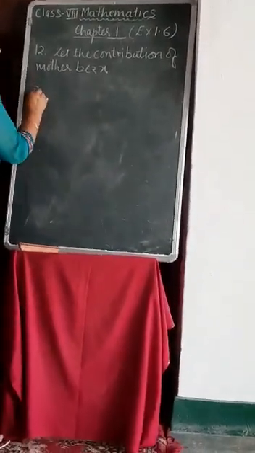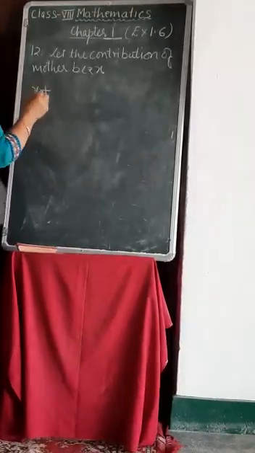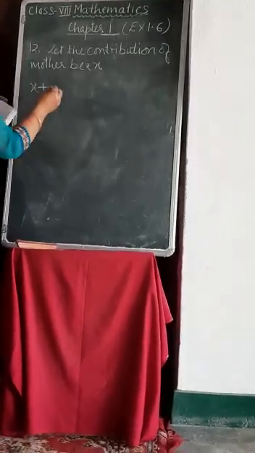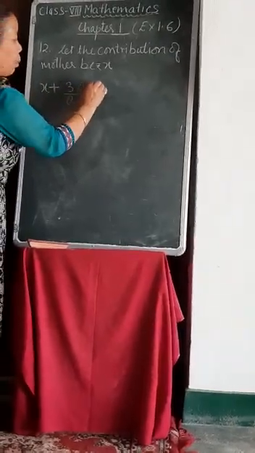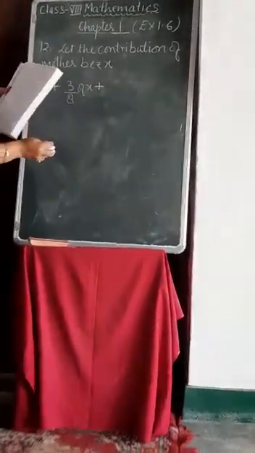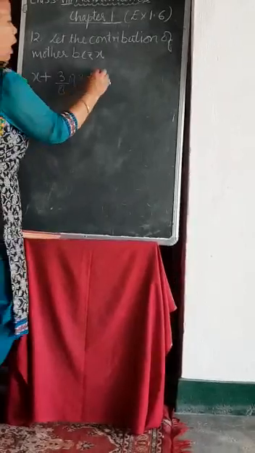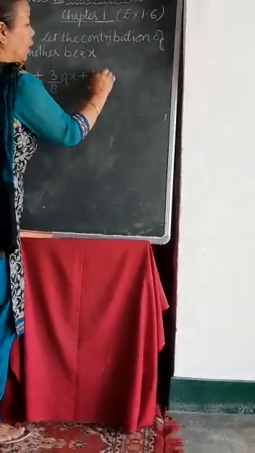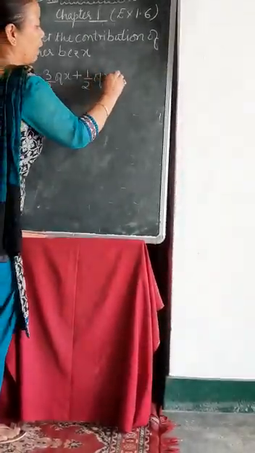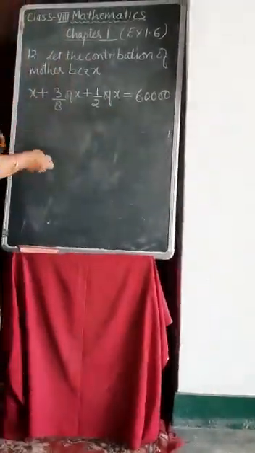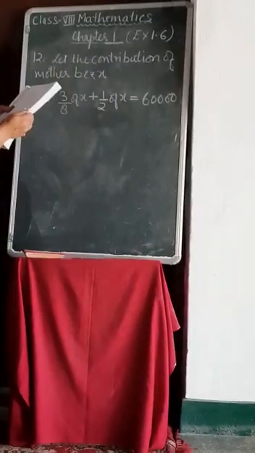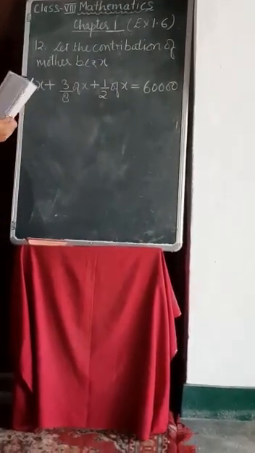So the mother's share means X plus the share of the elder son, that is 3/8 of X, plus the younger son's contribution, that is half of the mother's contribution, and the total amount is 60,000. So we have to find out how much do the 3 contribute individually.